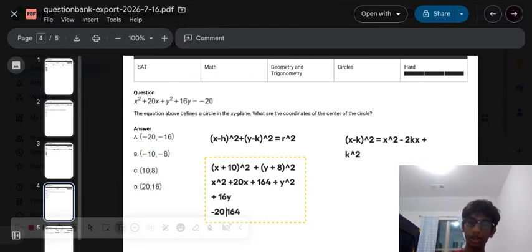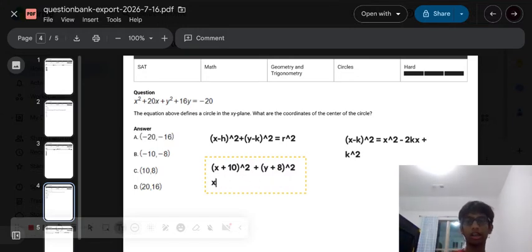And then this would leave us with 144, right? And that will be our r squared. So (x + 10)² + (y + 8)² will be equal to 144, which is 12 squared.